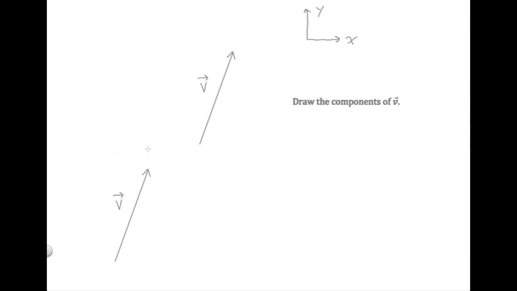So the basic approach here is that we can draw a line here that's parallel to the y-axis and another line here that's parallel to the x-axis, and here a line that's parallel to the y-axis and here a line that's parallel to the x-axis.